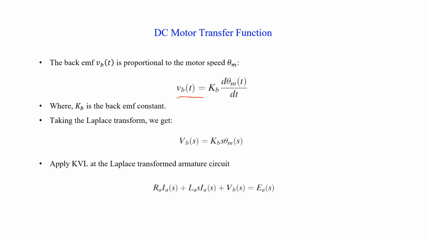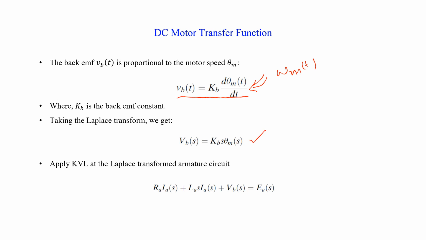Hence, the back EMF is equal to Kb times theta m dot, where Kb is the constant of proportionality, and this is also called the back EMF constant. Theta m dot, or d theta m by dt, can also be called the angular velocity omega m of t. If we take the Laplace transform of the above equation, we will have this equation.